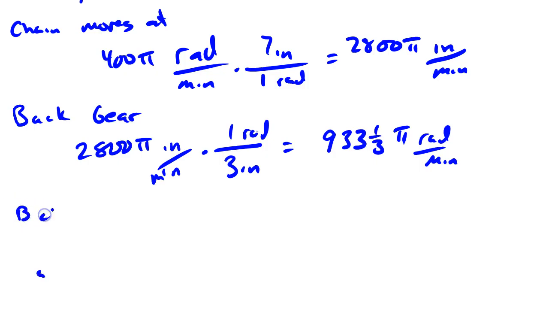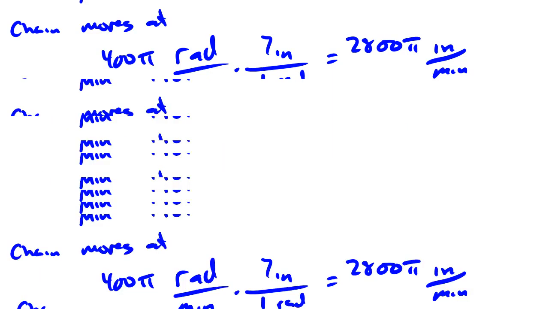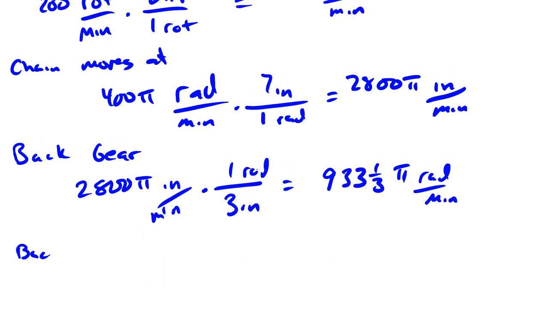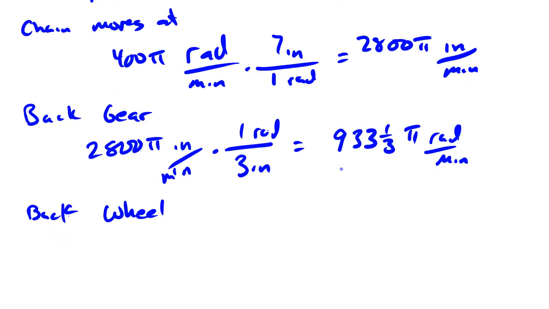So the back wheel is also traveling at 933 and a third pi radians per minute.